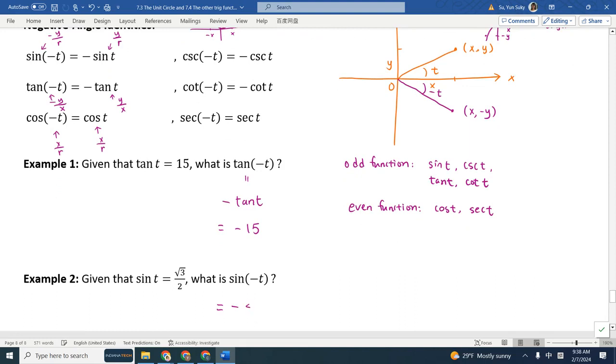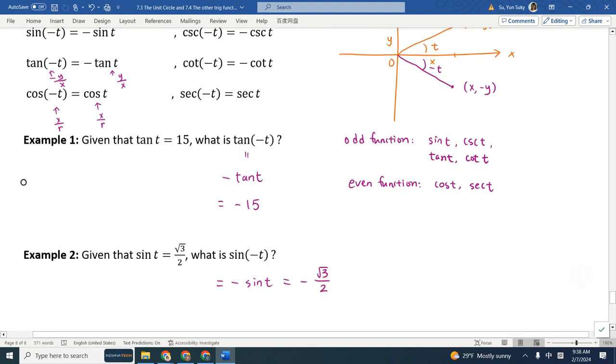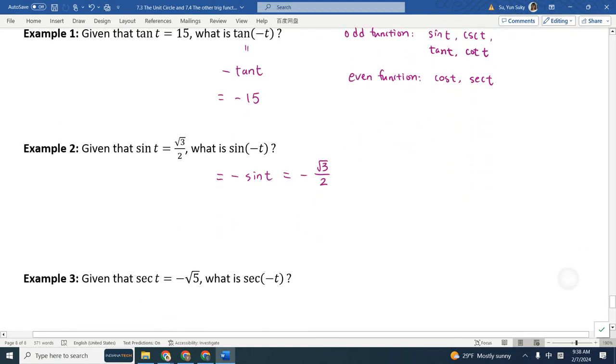Sine negative t. Sine does not eat the negative sign. So we have negative sine t, which is negative square root of 3 over 2. Okay? So remember only 2 functions are very hungry. They are cosine and secant. They're so hungry they eat the minus sign. Okay? So what's your answer for example 3?